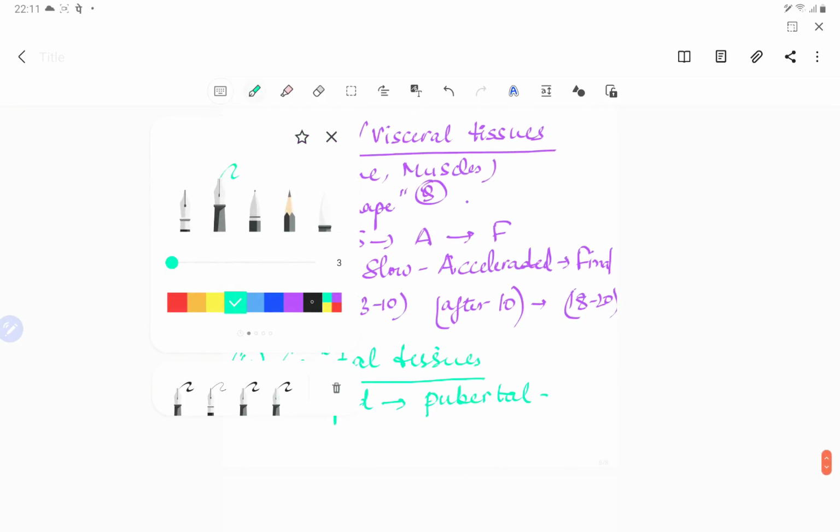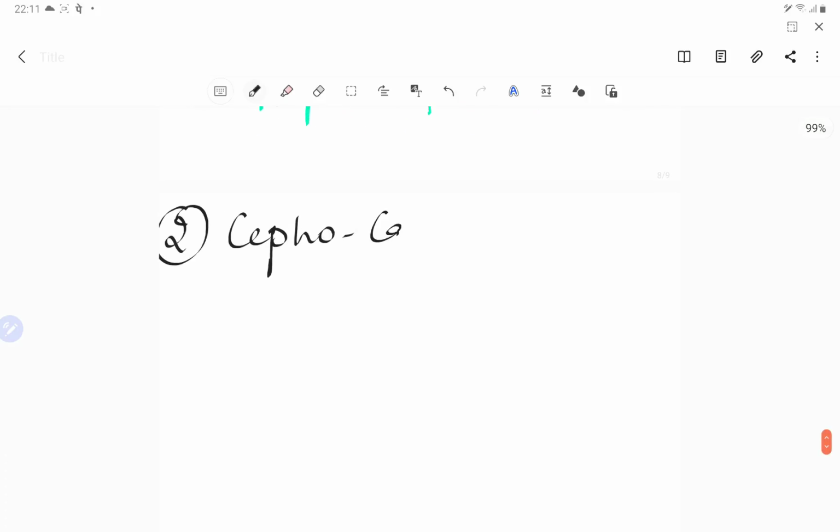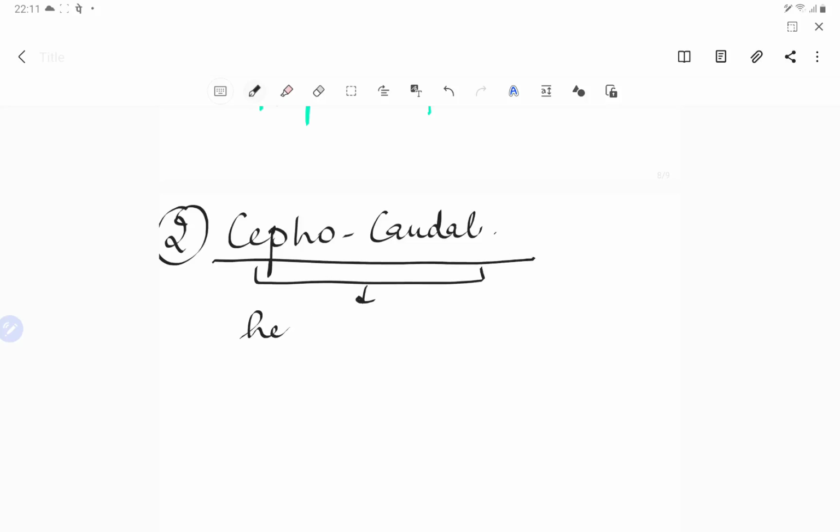Talking about the next curve, we have the cephalocaudal growth curve. What do we mean by cephalocaudal gradient of growth? Cephalocaudal means head to toe. So there is going to be an increase in growth from head to toe.